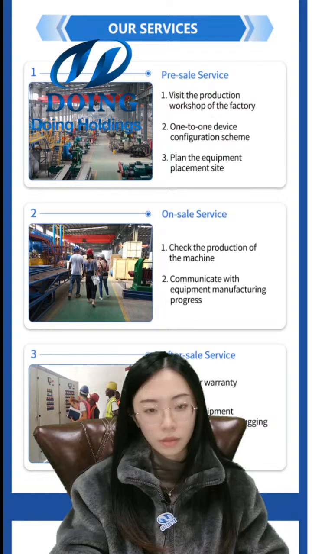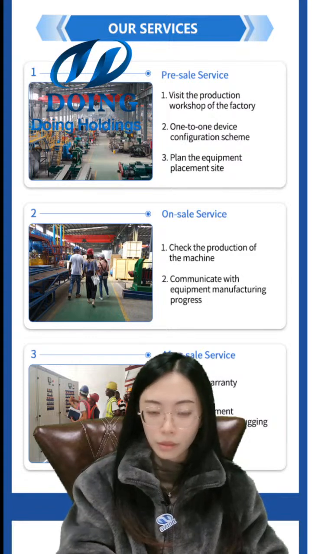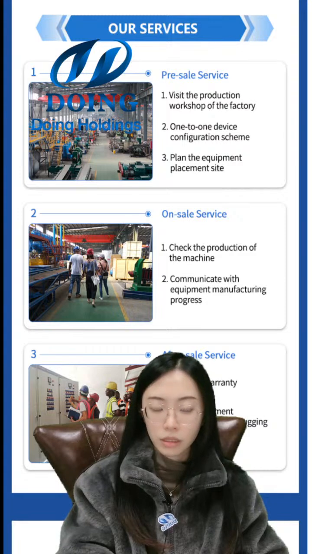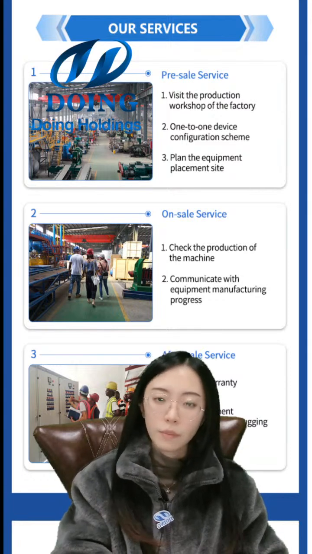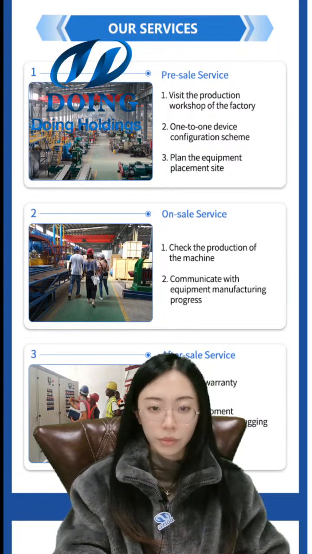We can tell you about the parameters of our equipment, and you can customize it. Also, we will give you a plan depending on your capacity and your raw materials, to have the best efficiency and quality.